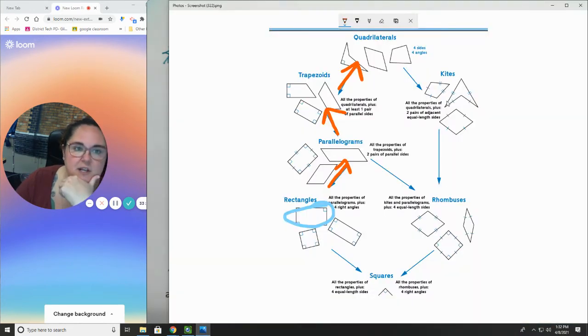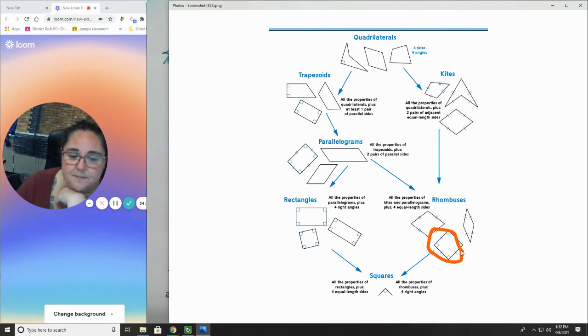So my suggestion, take a little bit of time and really look at this chart. Get to know it. Follow the lines down. If this is my shape, I'm going to follow the lines going down from the top. It is always a quadrilateral.